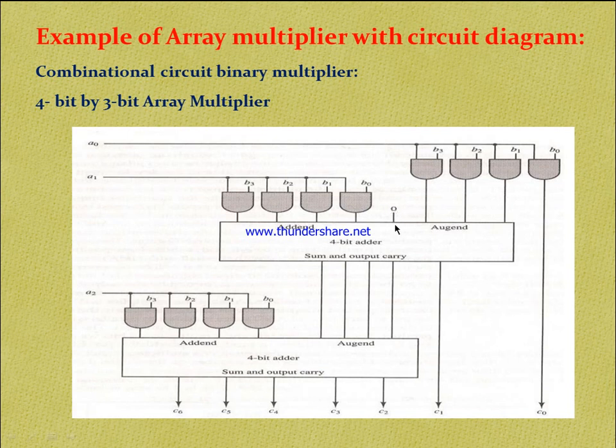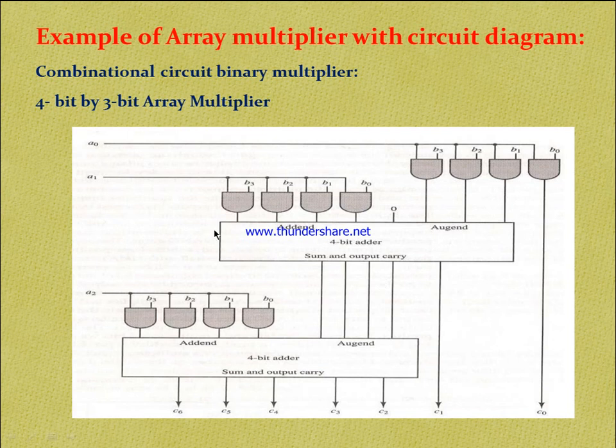This 4-bit adder adds these two 4-bit numbers, and we will get the result here. This is the carry bit, and this is the least significant bit, and we know that the least significant bit is directly propagated to the result. So now this is the summation.